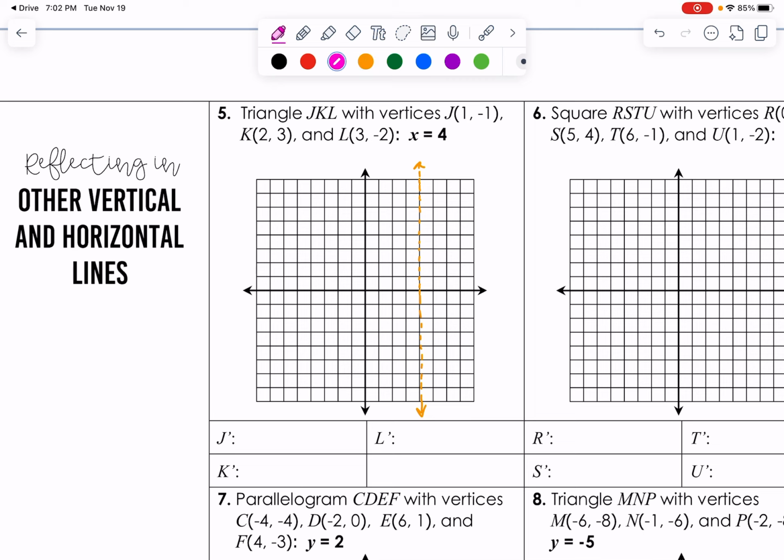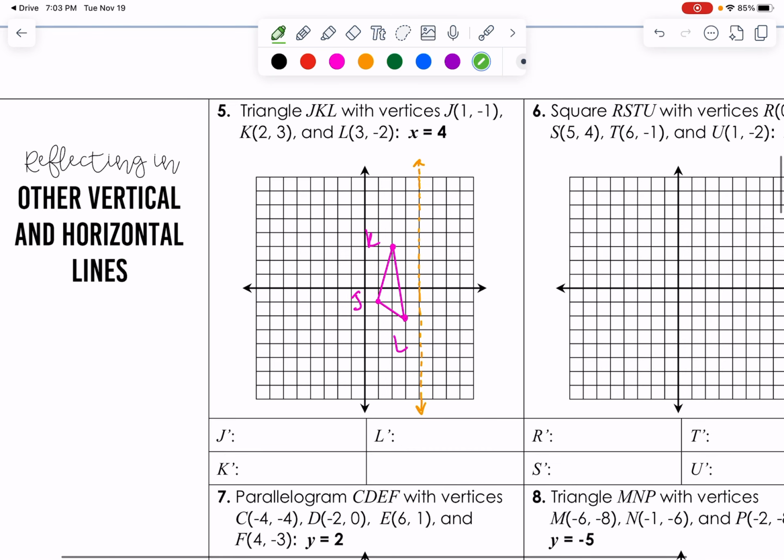Let's plot our original triangle: J is 1, -1, K is over 2, up 3, and L is 3, -2. So there is our original triangle. Now when we reflect it, it just needs to be an equal distance. So this is 1, this is 3, and this is 2.